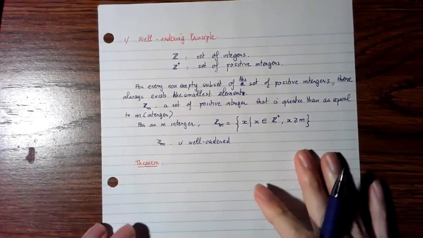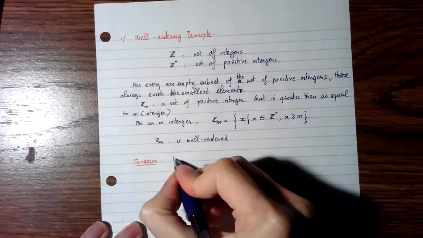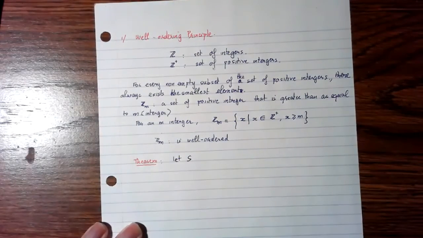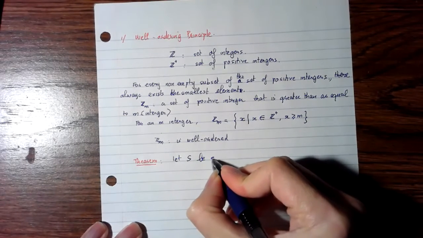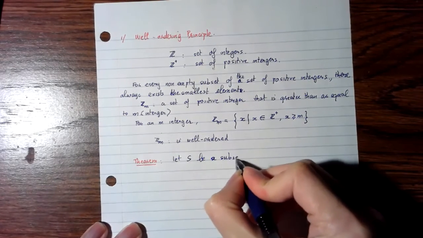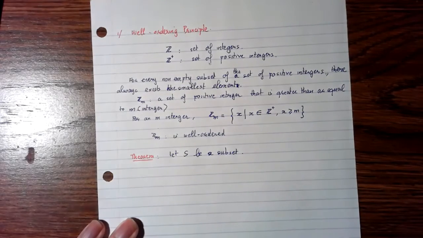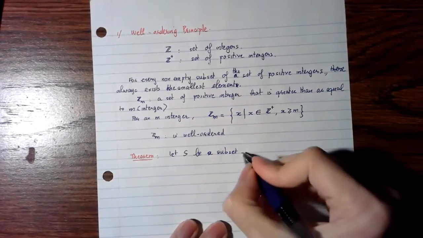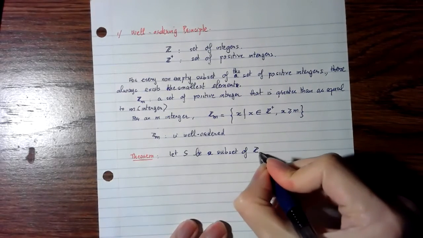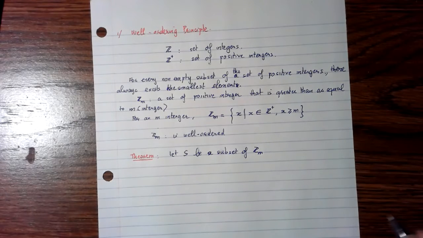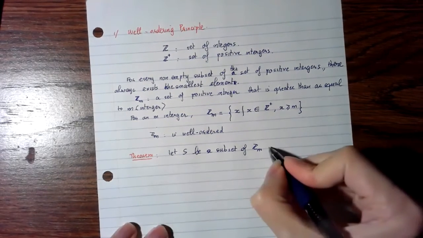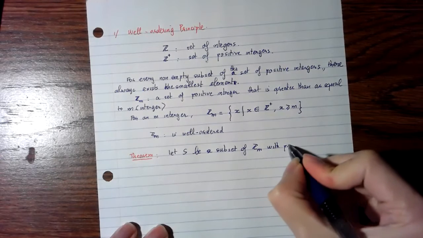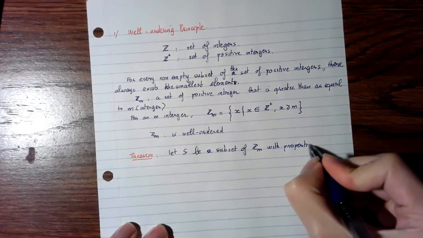The theorem says: let S be a subset of Z sub m with the following properties.